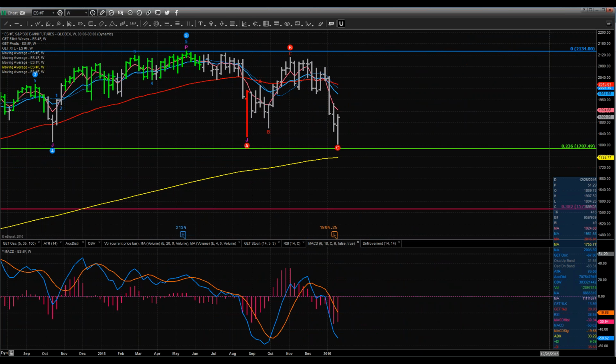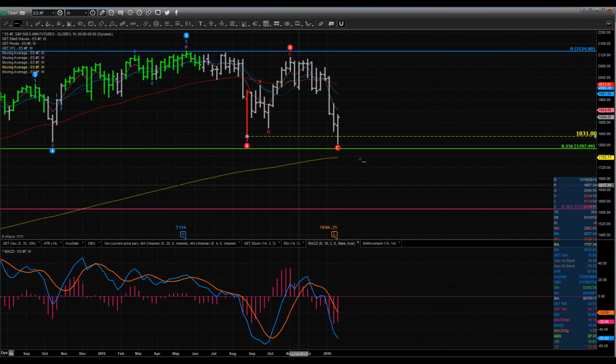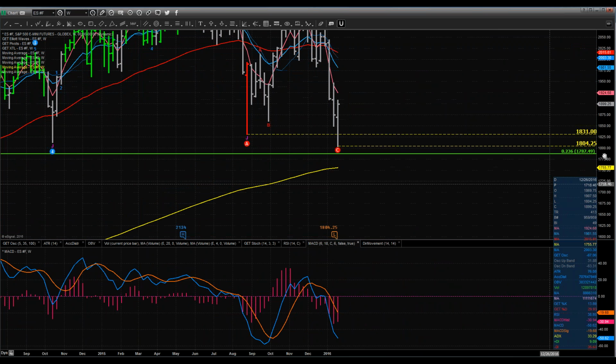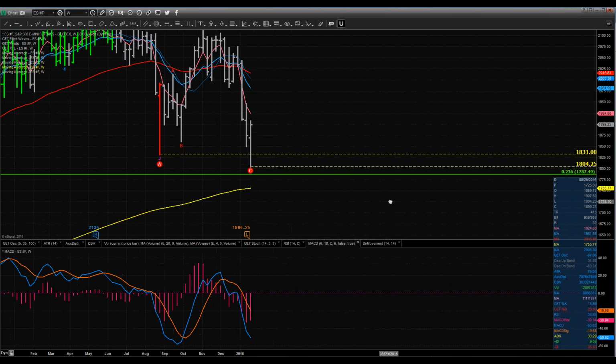Let me turn my pen off for a second and show you. That was the low made then, and this was the low made on this day here. So we came down to 1804, okay? And as I stretch it out, you can see that last August, intraday, it was 1831, and this time 1804. Folks, that was a key break.